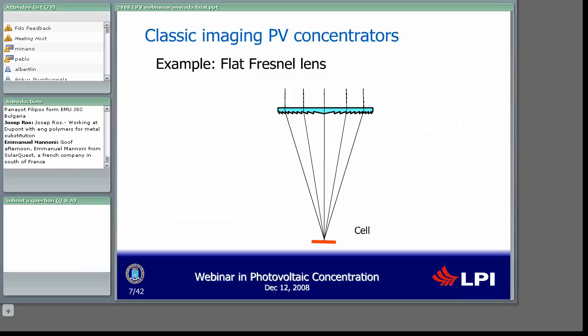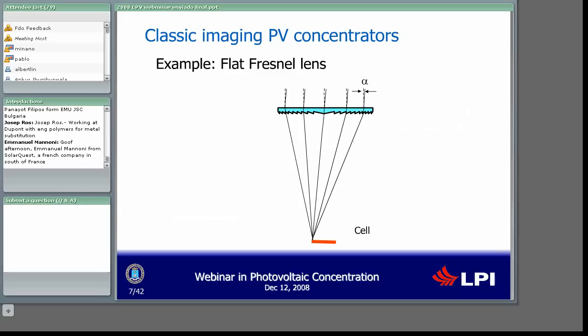An imaging concentrator essentially makes a mapping between the sky and the cell. So when the light impinges normal to the lens, it will focus onto the center of the cell.